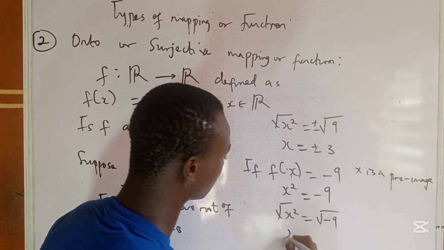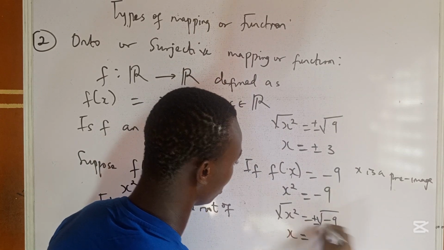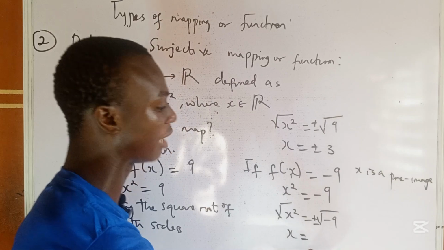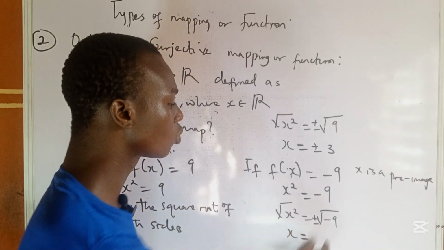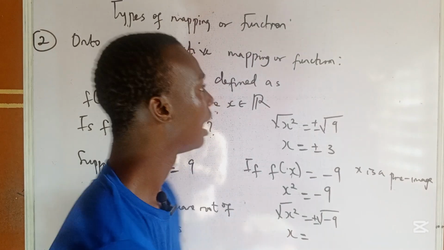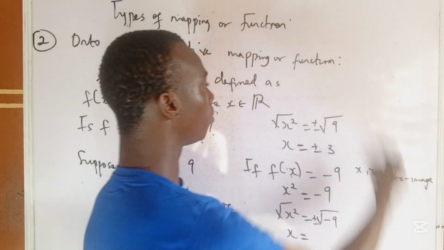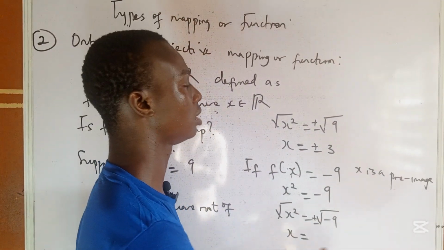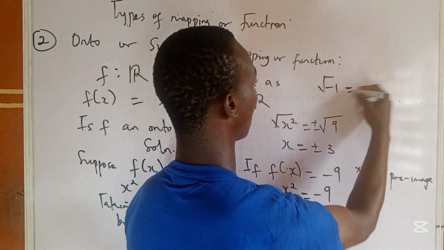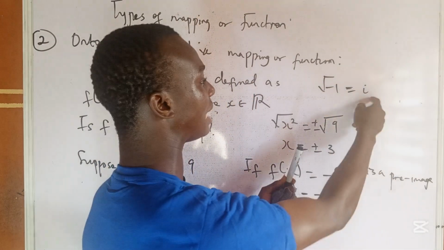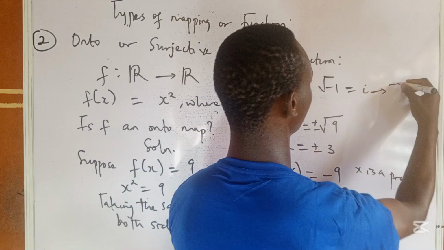So we're going to have x equals what? I have plus or minus root minus 9. We have the square root of a negative number here. And from the definition we have about imaginary numbers, we said root minus 1 is equal to i. This i here is called the imaginary unit.